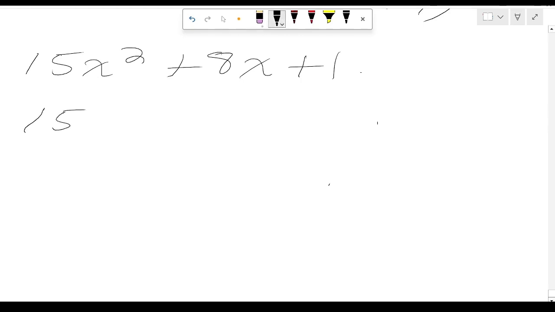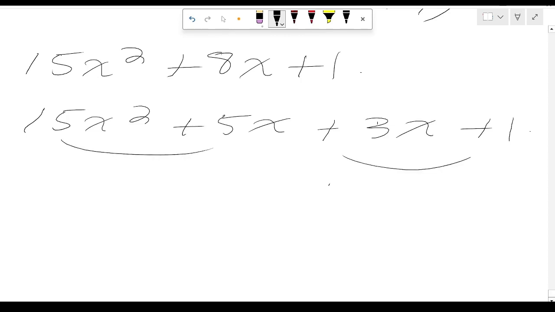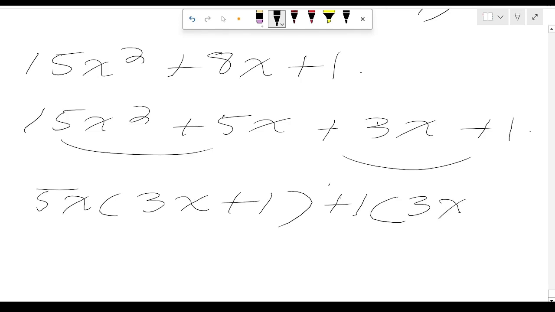So I'll write 15x square plus 5x plus 3x plus 1. After writing that, I have 4 terms here, so I'll pick 5x bracket 3x plus 1, and then 1 bracket 3x plus 1.